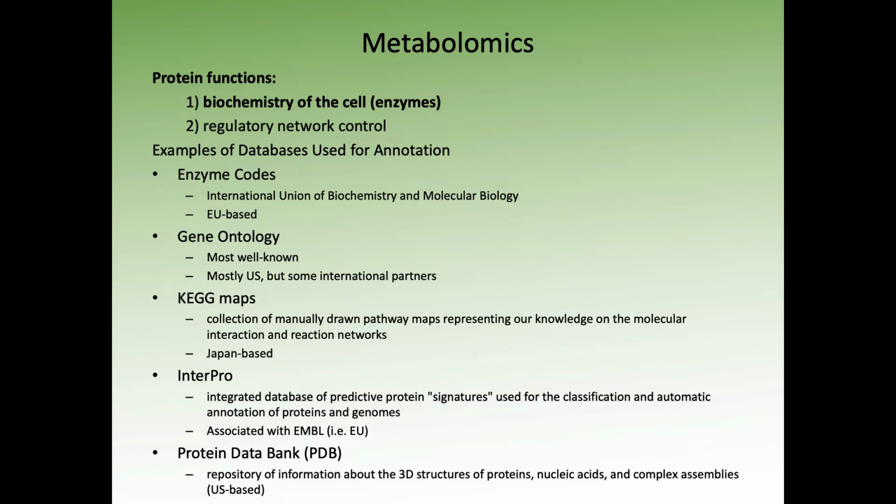Some examples of these databases include Enzyme Codes, Gene Ontology, KEGG Maps, InterPro, and the Protein Data Bank. Each one takes a different perspective on how it's going to address this question of protein function.